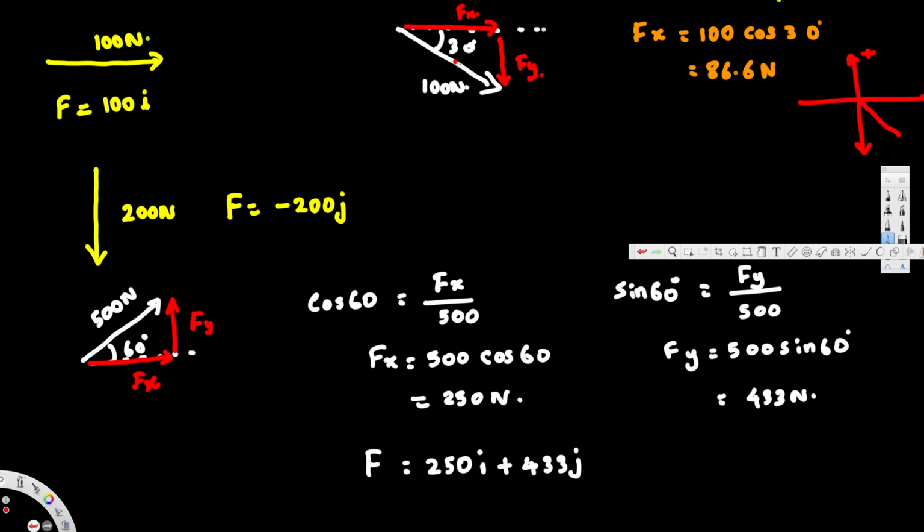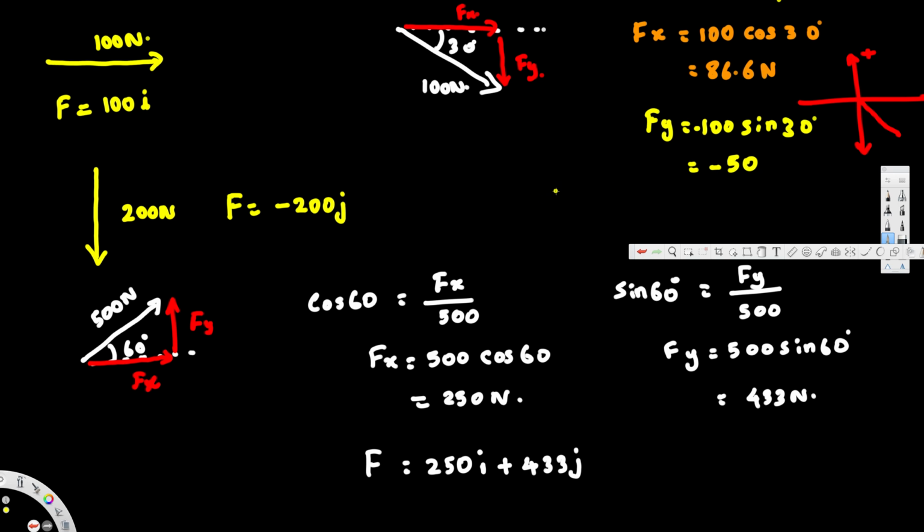So that's why we are going to get a negative for the y component. Here Fy is going to be equivalent to 100 sin 30. Sin 30 is equal to half, so we are going to have 50, but we have to add a negative sign because of the direction, because it's downward. So this is going to be negative 50 in the y direction.